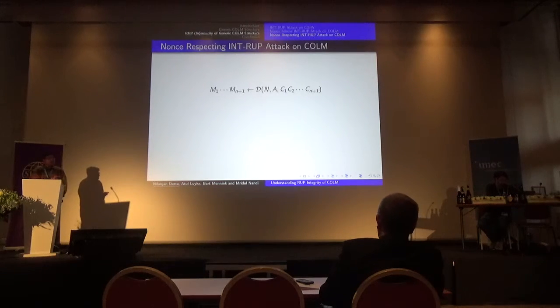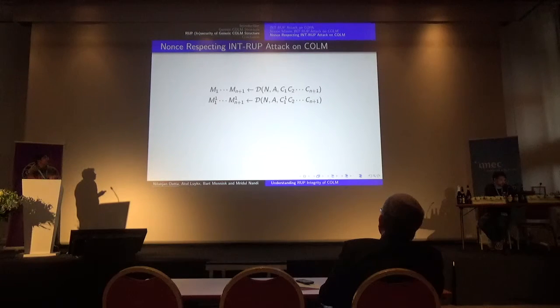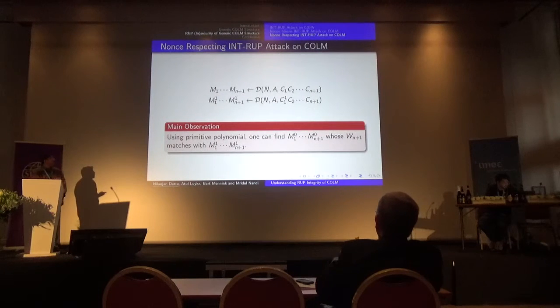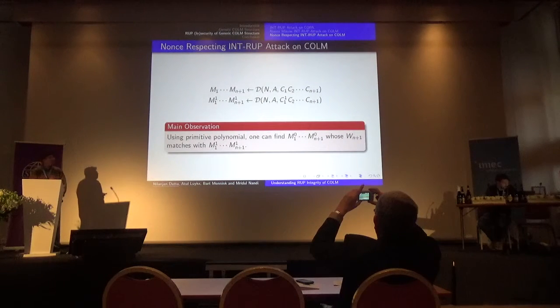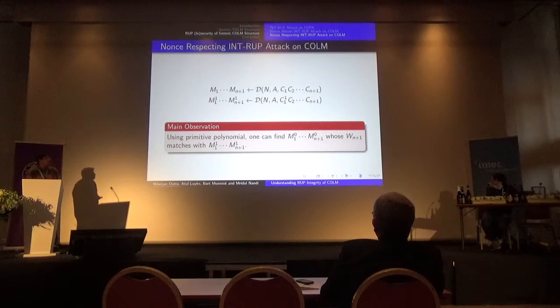Again here we observe that if we make two RUP queries, C1, C2 up to Cn plus 1 and C1', C2, up to Cn plus 1, that is, just the first block differs and all other blocks are the same, then using the primitive polynomial of the underlying field, one can find M1 0 to Mn plus 1 0, whose Wn plus 1 value matches with the Wn plus 1 value of the second message.